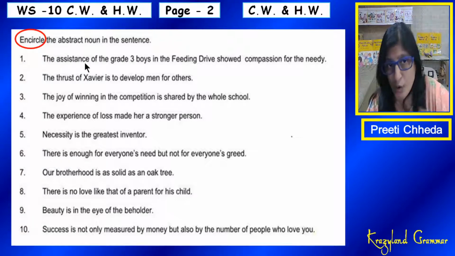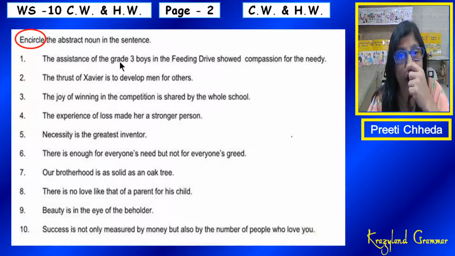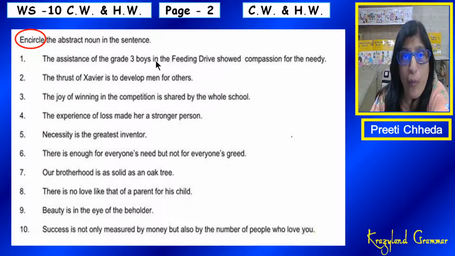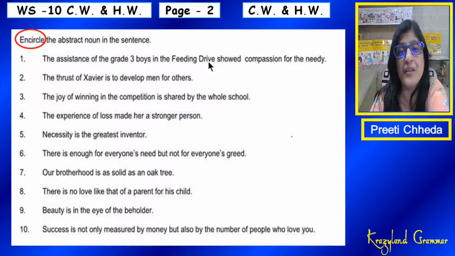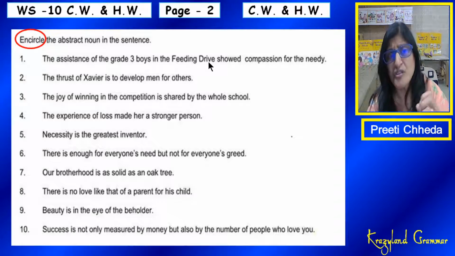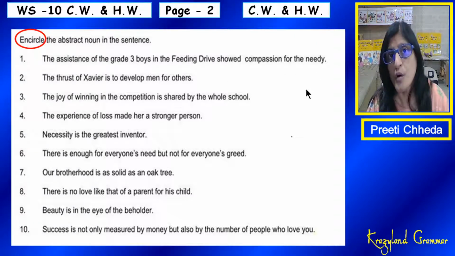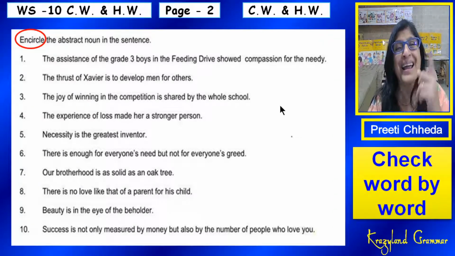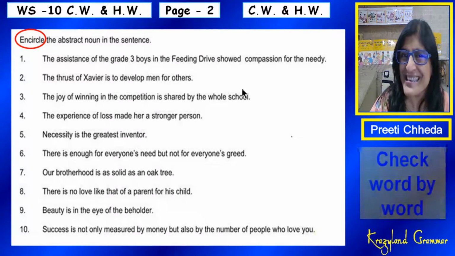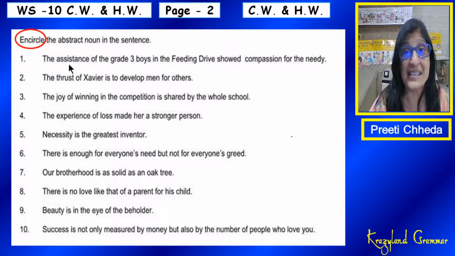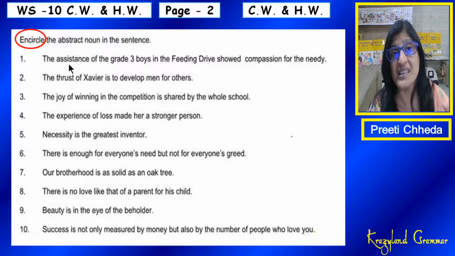Okay, number 1, the assistants of the grade 3 boys in the feeding drive showed compassion for the needy. Assistants are those who assist. There was some feeding drive. So, how do we check? Word by word. The, no. Assistance, yes. Somebody who is giving assist and they are giving assistance.